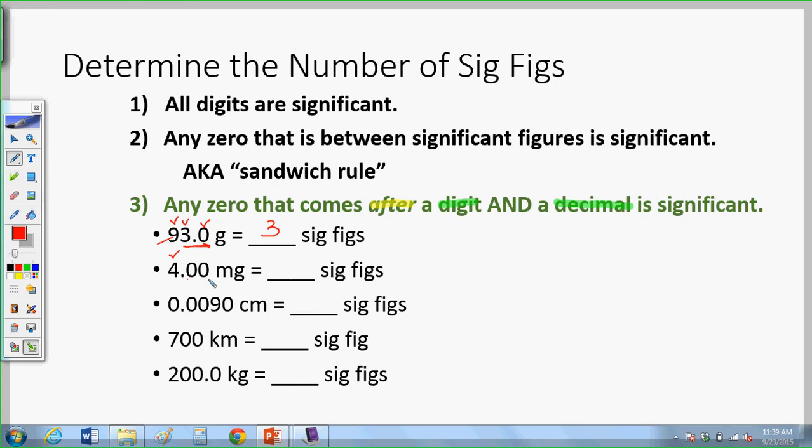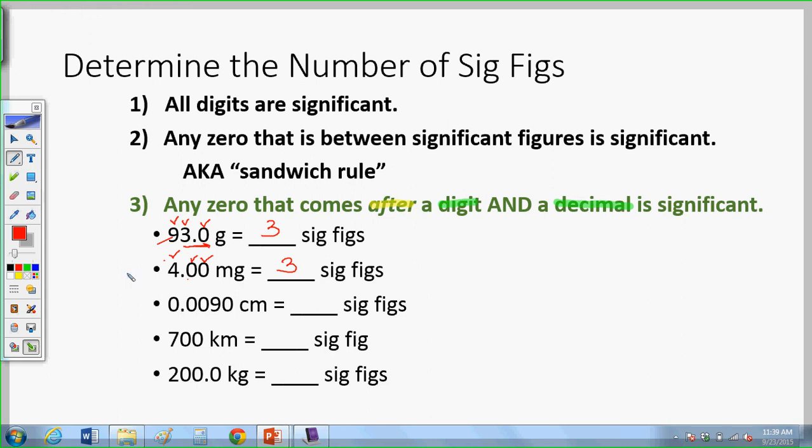Some students might say, well, does it have to be directly after? No, just anywhere to the right-hand side, and these do. So therefore, they are significant, so I'm going to put check marks above them, and I'm going to say that I have 3 significant figures. Remember, significant does not mean important, it means measured, part of the precision of the instrument that I use to make this measurement. Let's go ahead and look at the next example.